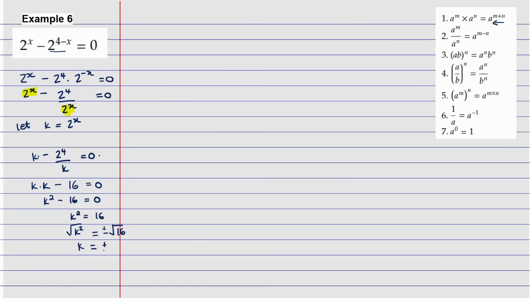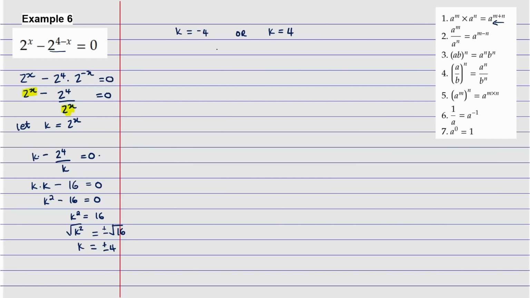This means that k can be either equal to negative 4 or k can be equal to positive 4. And the reason why again is plus or minus is because our power is an even number.